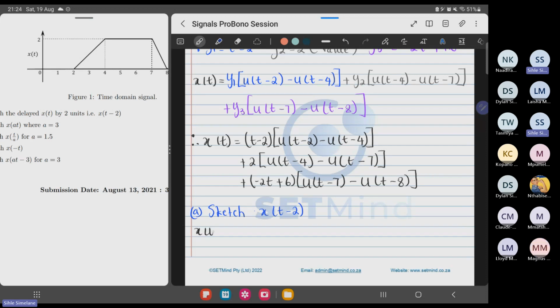So let's compute x of t minus 2. All what this means is that wherever you see t, we will put t minus 2. So open bracket, there we have t. So we're going to have t minus 2 minus 2, and then we have u of t minus 2 minus 2 minus u of t minus 2 minus 4.